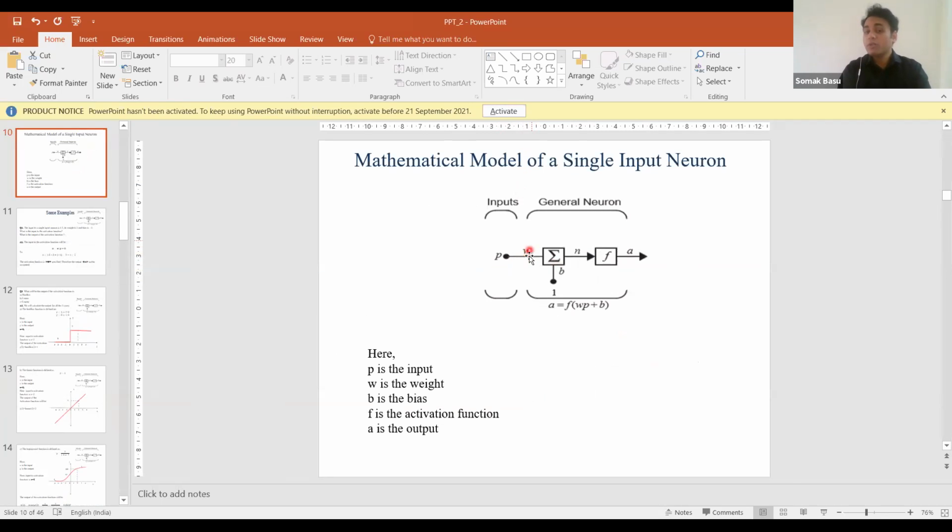So weight is the importance or significance of the input. What does the bias do? The bias actually governs when the activation function will be triggered. That is, when the decision will be taken. Will the decision be taken immediately or a little later? That is governed by the value of bias B.